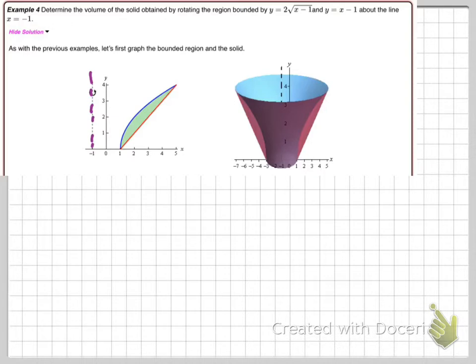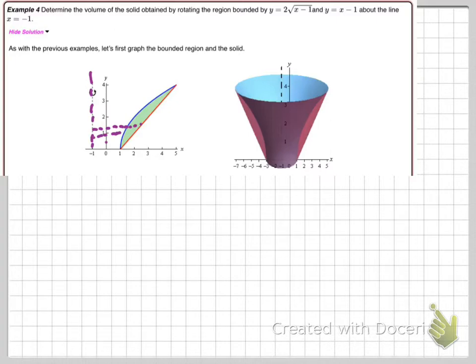So the thing is, this is going to relate very closely to the problems where we had multiple radii, right? The washer method. And it's also tricky because we're rotating it about a line parallel to the y-axis. But let's look at how this is going to play out, because if we think about each of those radii, whether it's the larger radius to the right or the smaller one to the left, they're just going to be one bigger.